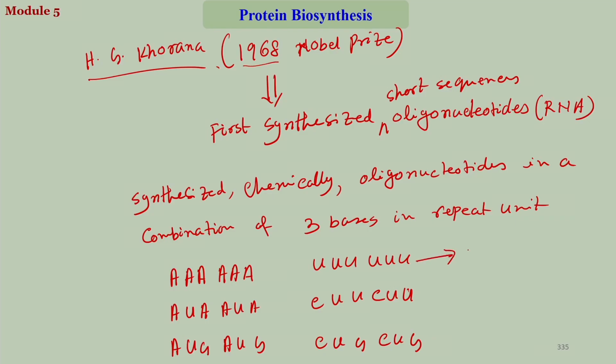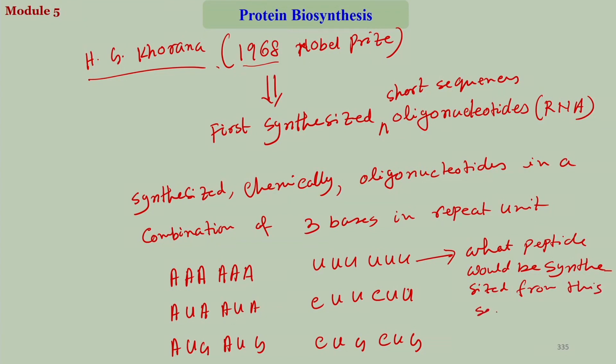For example, what peptide would be synthesized from this sequence? And of course, it is a double check or triple check, because you have the repeated unit.